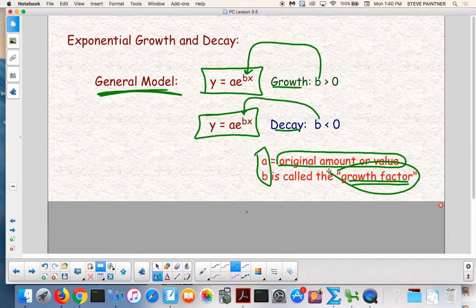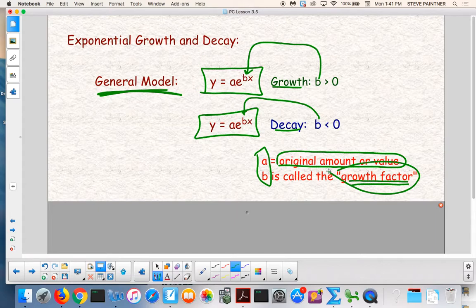Time can be in years, months, days, hours, seconds. And Y is the current amount at a given time. They're going to give you a time, and you have to think: 10 months from now, here's the current amount. So this does a little better job than that little blurb.